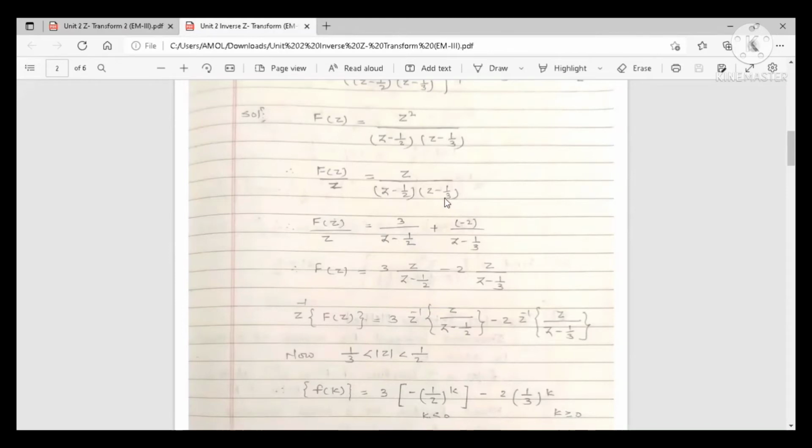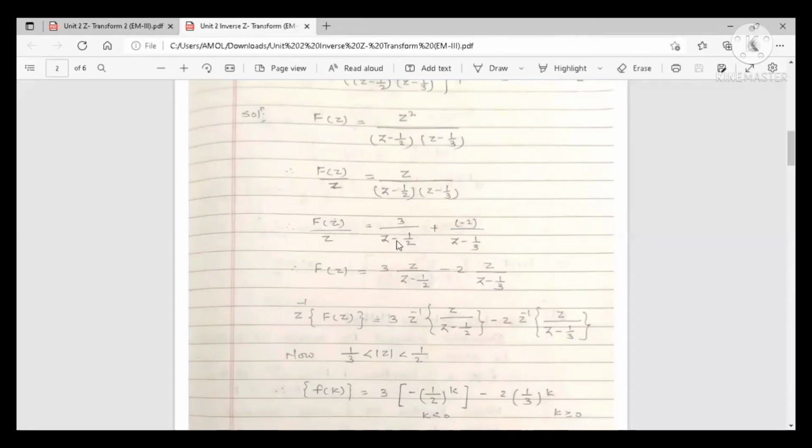To separate the denominator's two factors, we write a upon z minus half plus b upon z minus 1 by 3. We can separate these two terms by using partial fraction. You know the partial fraction method; we already studied it in 12th standard, so you can easily separate these two terms.